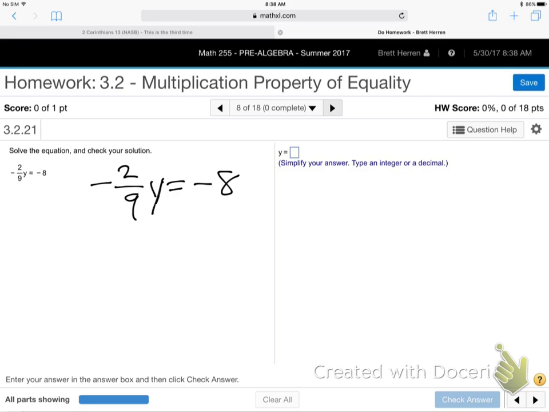All right. So what are we going to do on this one to get rid of that minus 2/9? Multiply by the upside down, right?